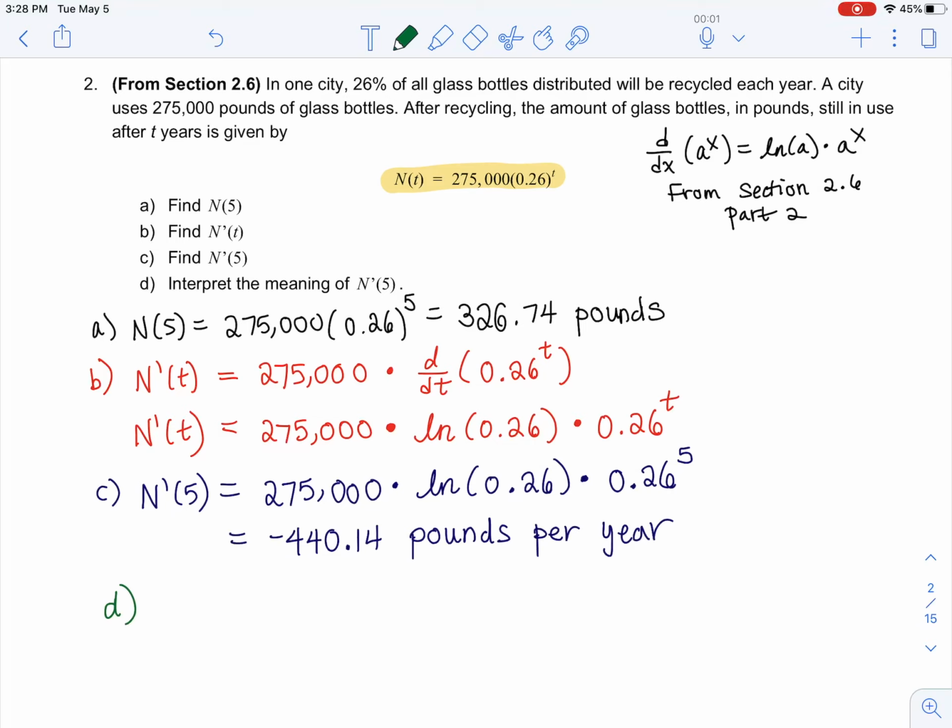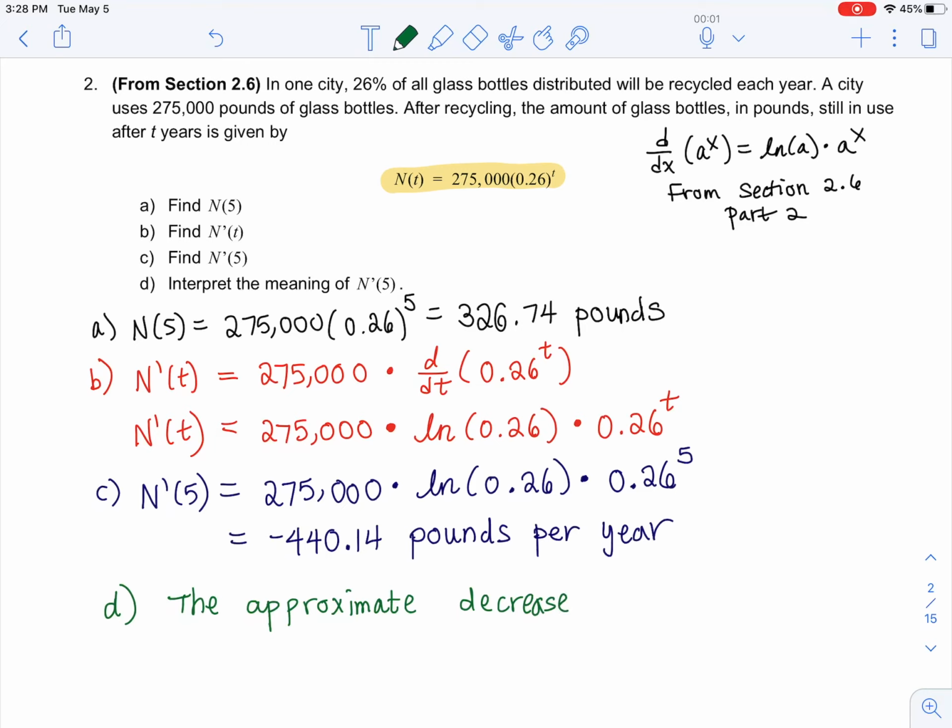And what's the last part? Part D, they want you to interpret the meaning of this. This is the rate of change at year 5. So go ahead and say this is the approximate increase or decrease? Decrease, right? Because it's negative.